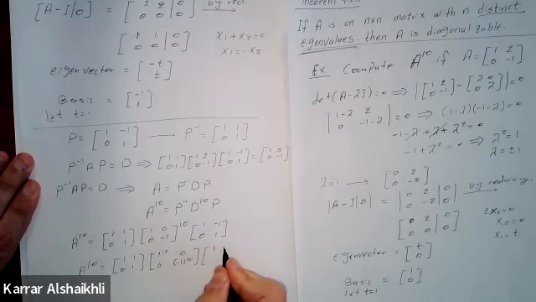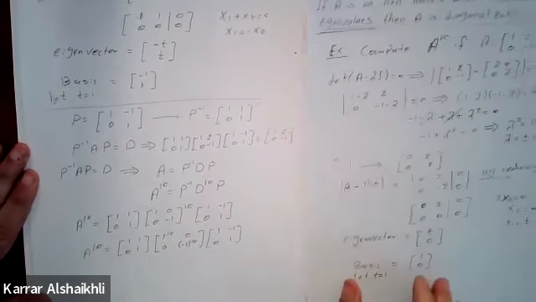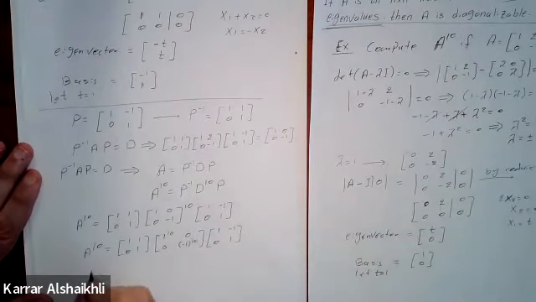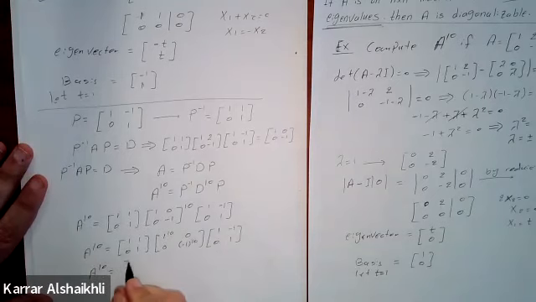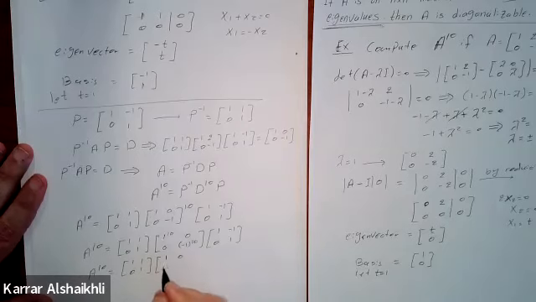Times 1, negative 1, 0, 1. So A to the power 10 is going to be equal. I'm doing these steps again, but we don't have to do it again. This one's going to be 1, 0, 0, 1, times 1, negative 1, 0, 1.